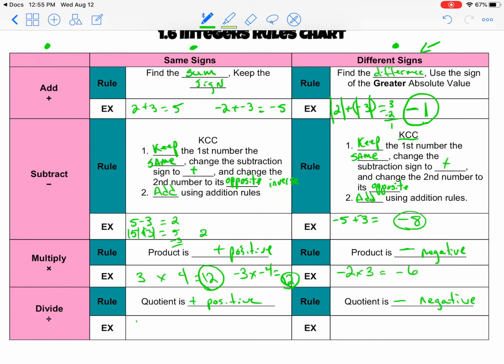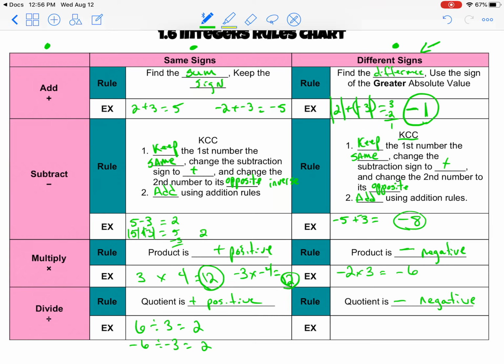So, if the signs are the same, 6 divided by 3 equals 2. And it's a positive 2. Okay, what if I have negative 6 divided by negative 3? Are those signs the same? They are, right? Guess what? It's going to be positive because the signs are the same, and then 6 divided by 3 is 2.